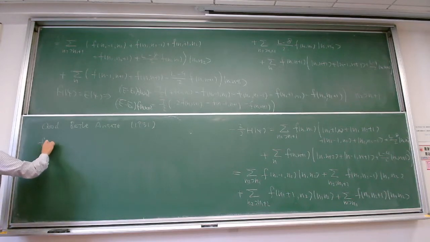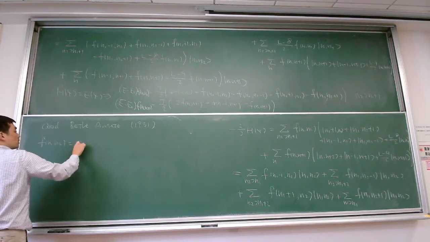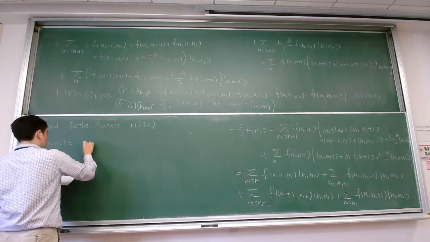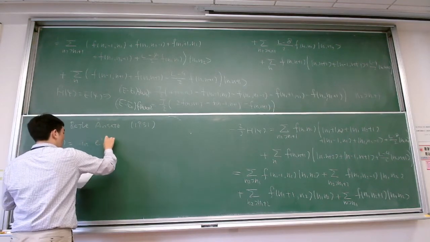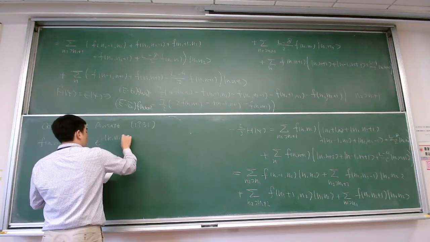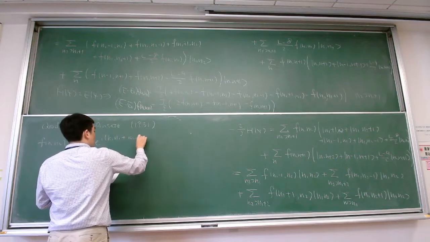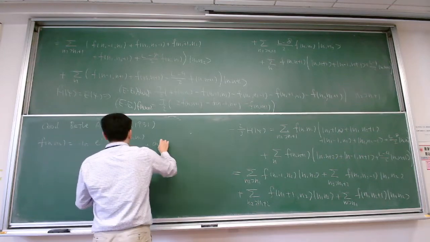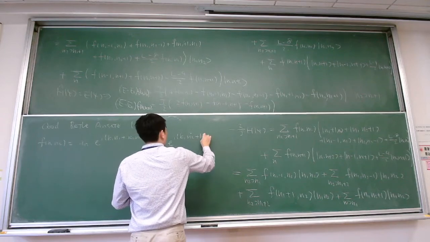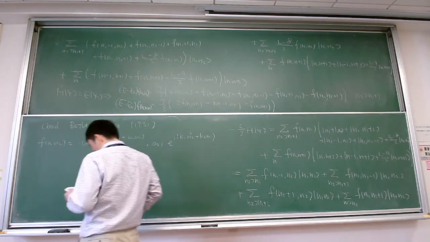So he assumed A12 e to the i k1 n1 plus k2 n2, plus A21 e to the i k2 n1 plus k1 n2. So let's assume this one.